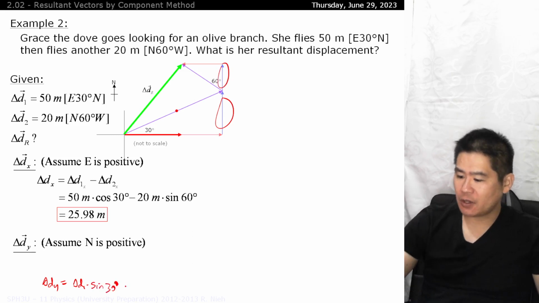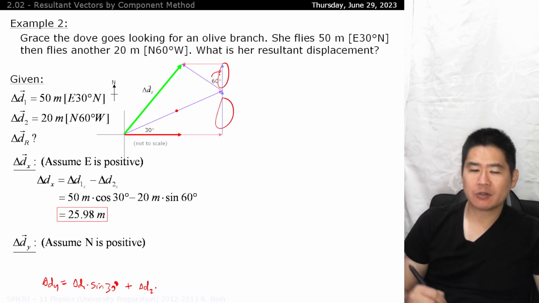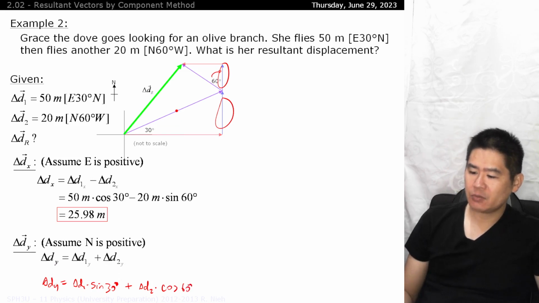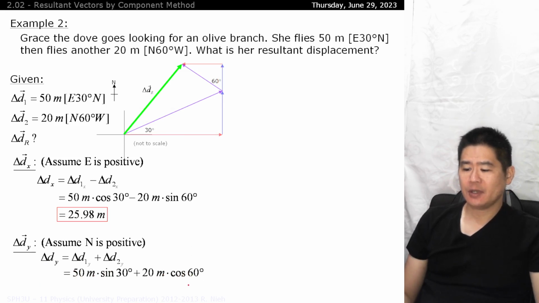The second vector is also pointing upwards, so we'll add the second vertical component with delta d2, or the hypotenuse, times, and this time around you'll notice that it's beside 60 degrees, so it's cosine of 60 degrees. And the formula would look like that. Hope that all makes sense. And then you'll get to an answer here.